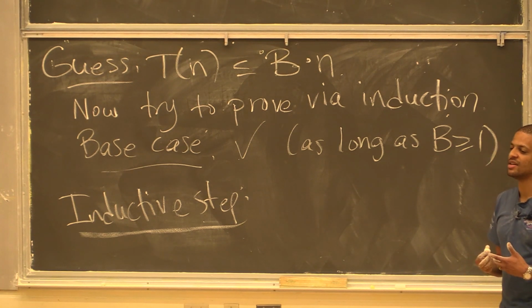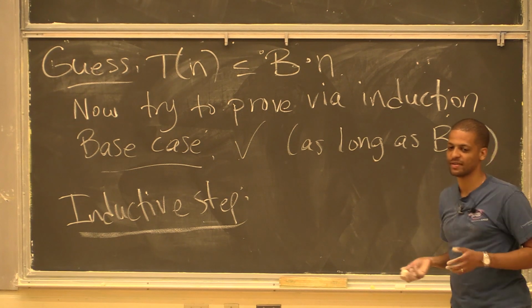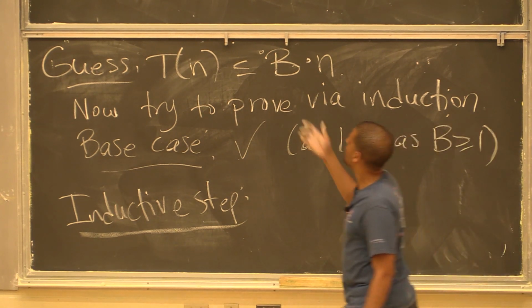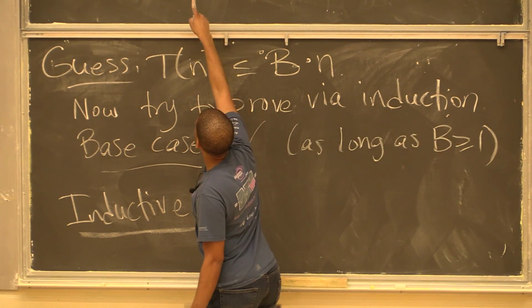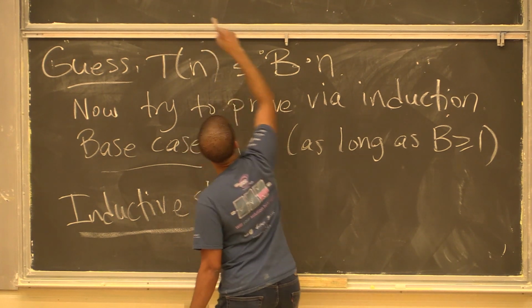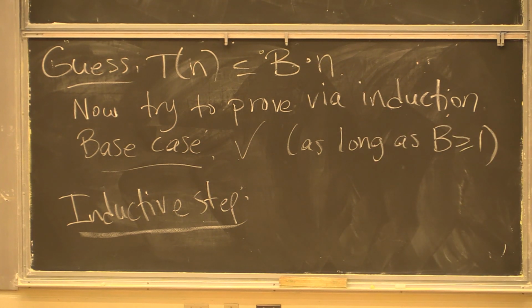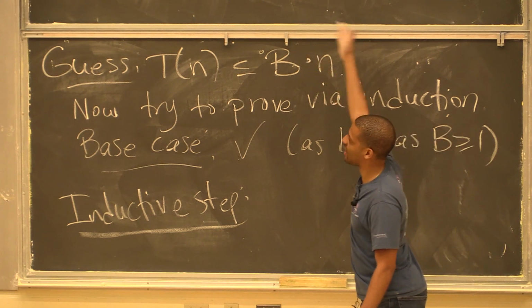Strong induction is for all values less than n plus 1, together they imply n plus 1. So I'm going to use strong induction because I'm going to assume by the inductive hypothesis that it's true for both n over 5 and for 7n over 10. Okay, so it's true for both of them. Both of them are at most b times those values of n.